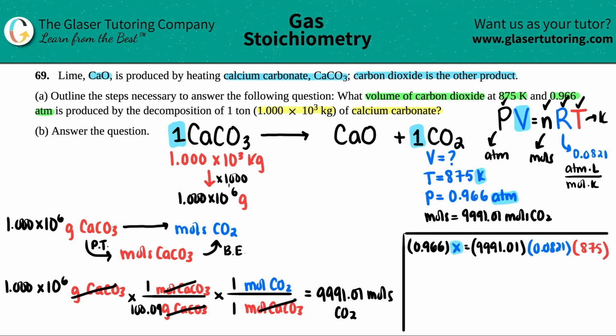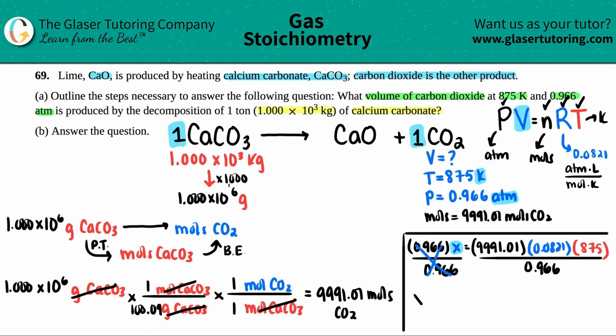If we want to solve for X, all we have to do is just divide by the 0.966 on both sides. Cancel that out. Beauty.